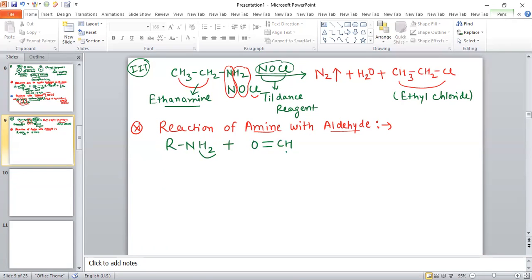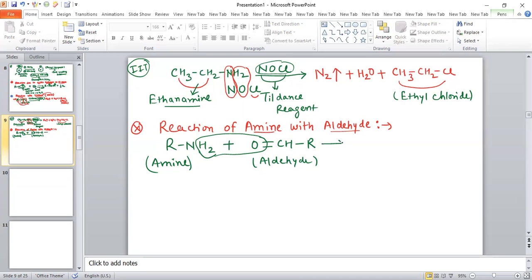Therefore align this oxygen in the horizontal form. So this is basically aldehyde, and this is basically amine. So reaction will take place in that manner. Hydrogen is removed from amine, and oxygen is removed from aldehyde.